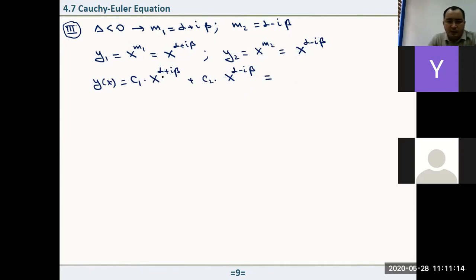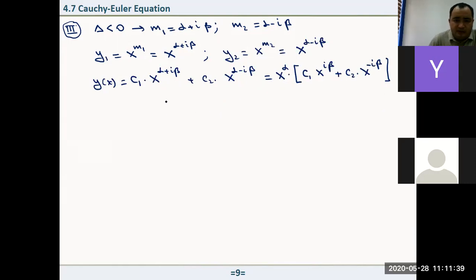And as you see here, x to the power alpha, x to the power alpha. Alpha is a real number. We have nothing wrong with this. And it's a common factor. I can just take this out. Here we have x to the power alpha times c sub 1 x to the power i beta plus c sub 2 x to the power minus i beta. Right?